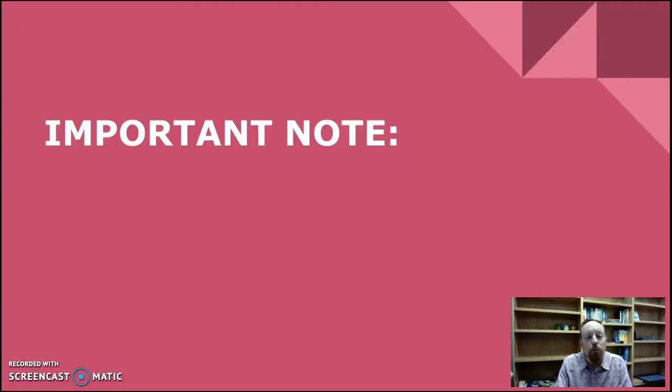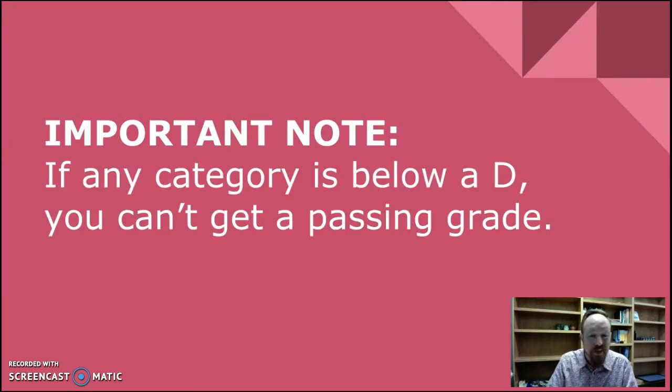Okay, so one really important note that I want to make here is that if you don't fill out the D box in any one category, you can't get a passing grade. So a C- is the lowest passing grade. If any one of the categories on the entire grade progress tracker is, if the D box is not filled out, the most that you can get is a D+.